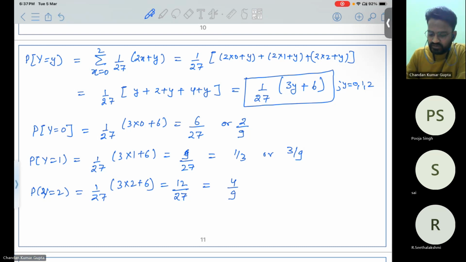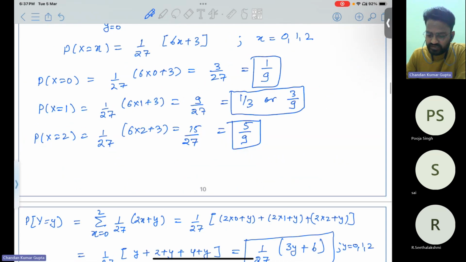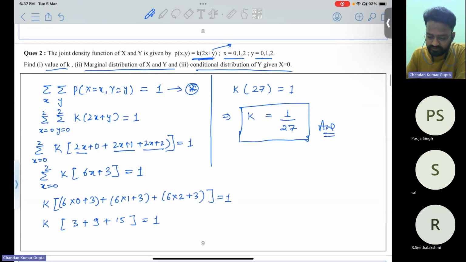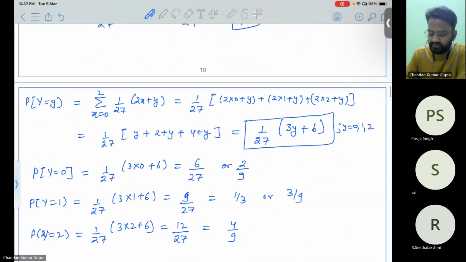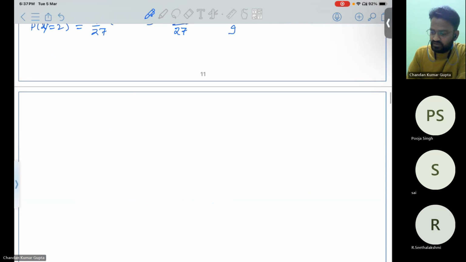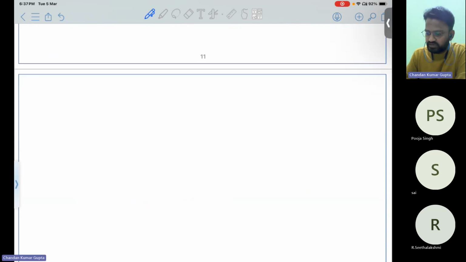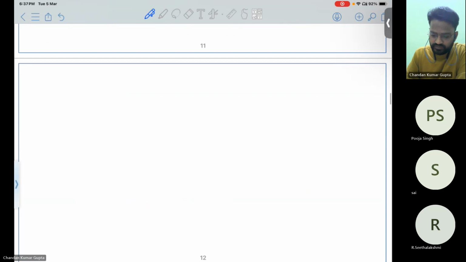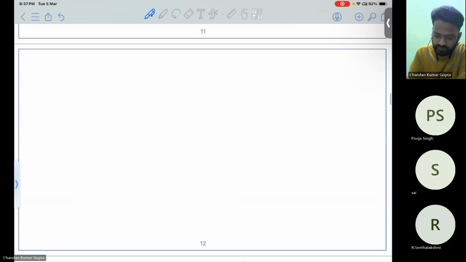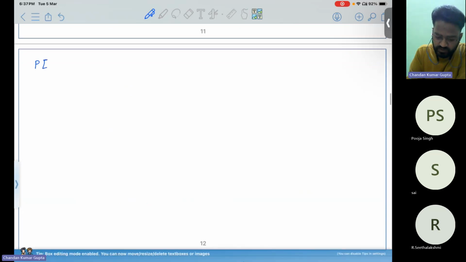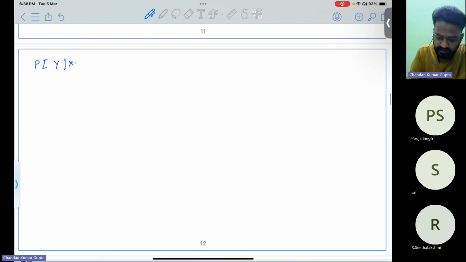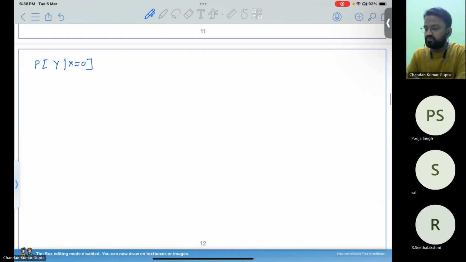Okay. So the value of k is evaluated, and the marginal distribution of x and y is evaluated. Now we need to calculate the conditional distribution of y given x equal to 0.